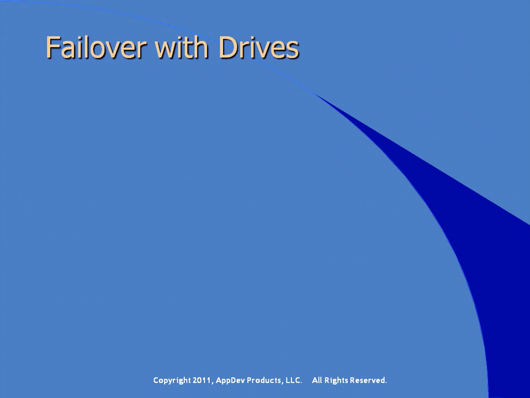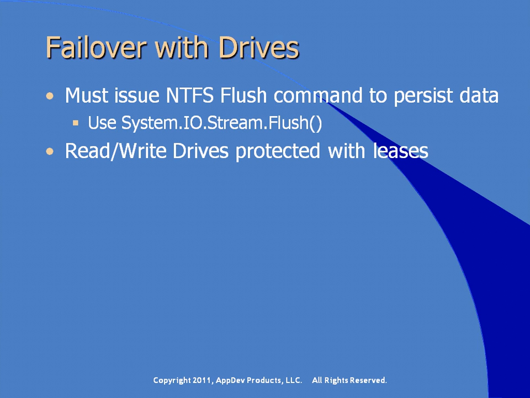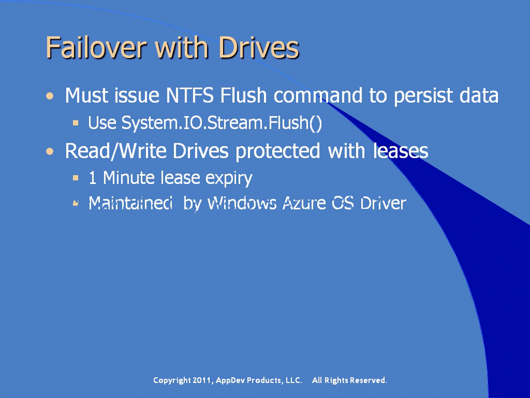One of the key concepts when working with blob drives is understanding the drives and their failover scenarios. All writes must be flushed to be persisted to the underlying page blob, and you can simply use the System.IO.Stream.Flush command to do this. Read-write drives must maintain a lease, and they have a 1-minute lease expiration by default.